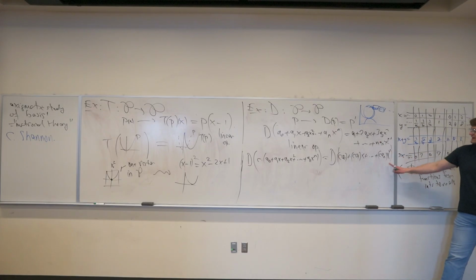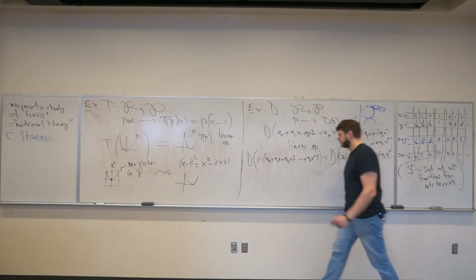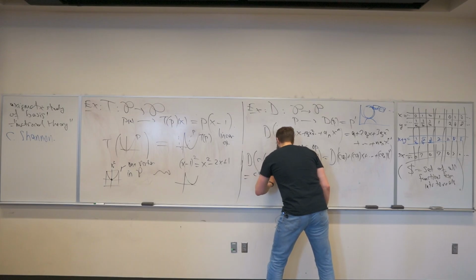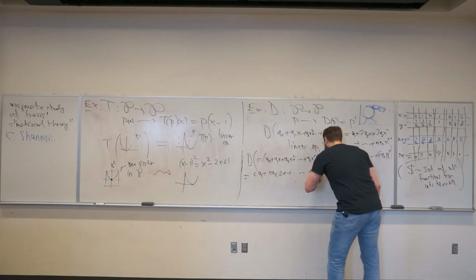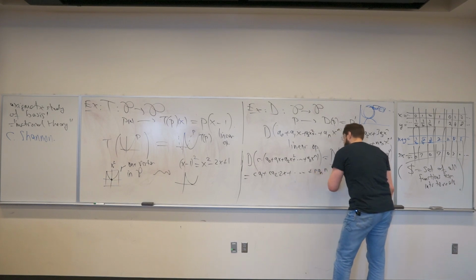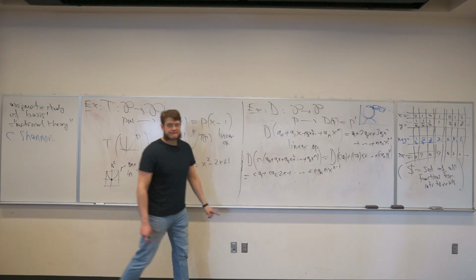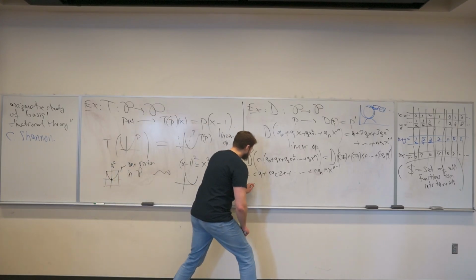Okay. Then I look at the rule. Okay, this drops. This becomes c times a1 plus c times a2 times 2 times x plus dot dot dot plus c times a sub n times x to the n minus 1. Okay? And then factor out the c.